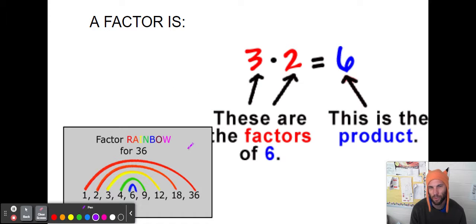Okay, so just to review the terminology, factors are 2 numbers that multiply into a product. A product is the result of multiplying 2 factors together. If you have a number that only has itself and 1 as factors, that's called prime.